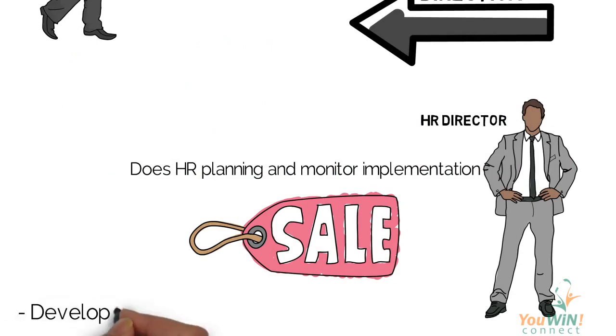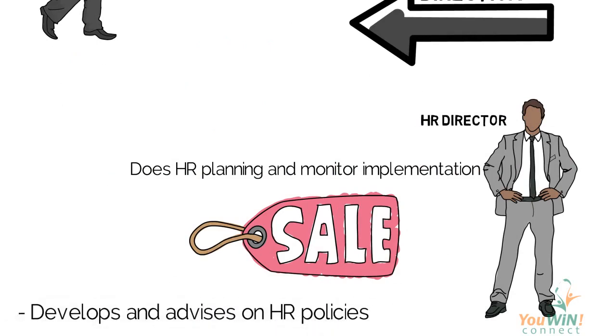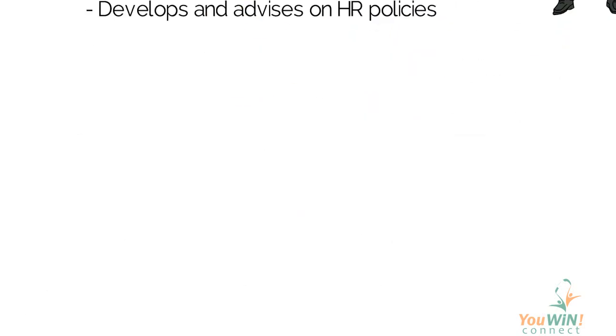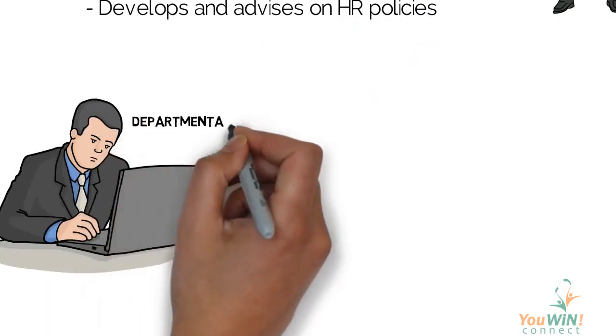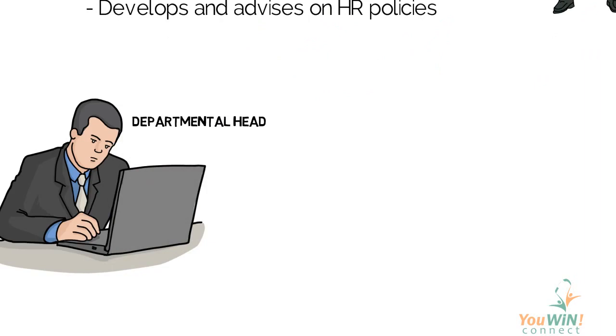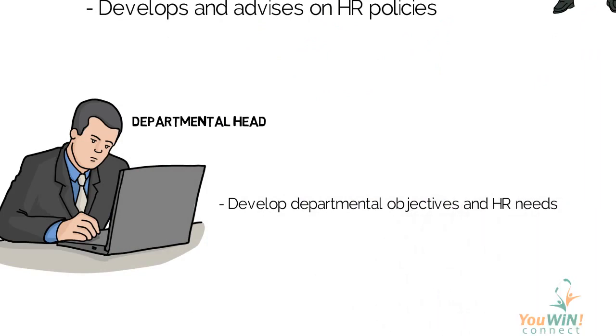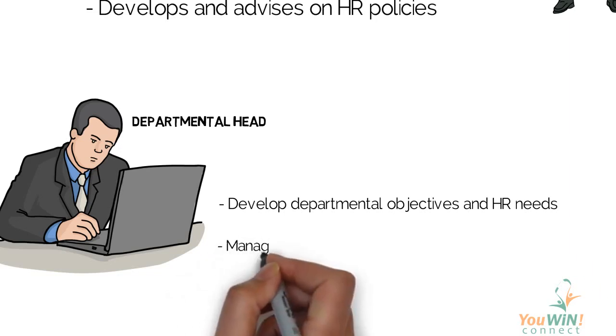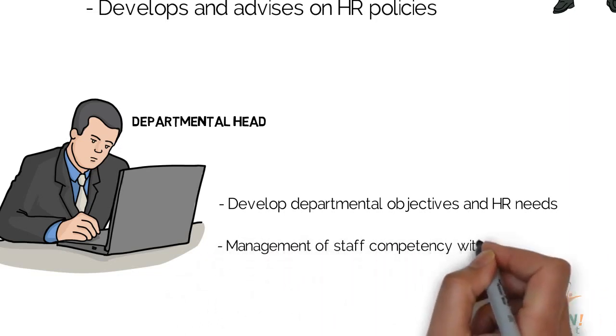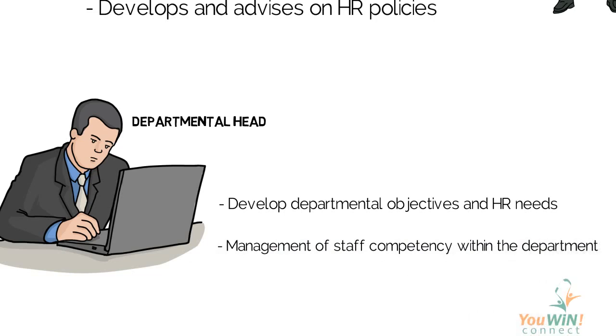The HR director also develops and advises on HR policies. Your departmental heads or functional managers, if you don't have departmental heads, they have to develop departmental objectives and the HR needs within each department, within their own unit. They also manage the staff competency within their respective departments.